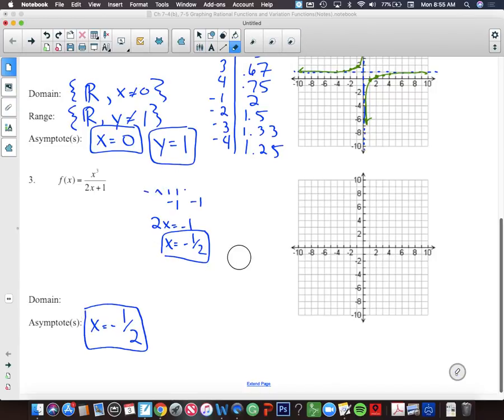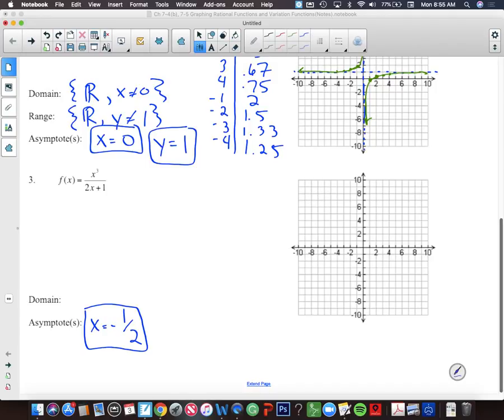Let's move this stuff out of the way. Now we have to look at this to figure out the other asymptote if we have one. The degree of the top is a 3rd degree. The degree of the bottom is 1st degree.